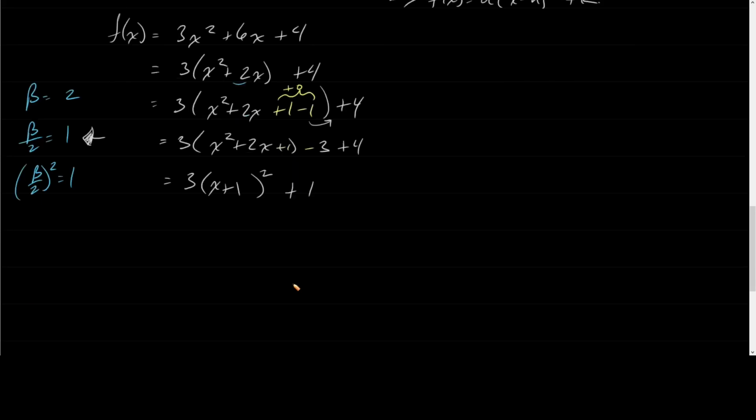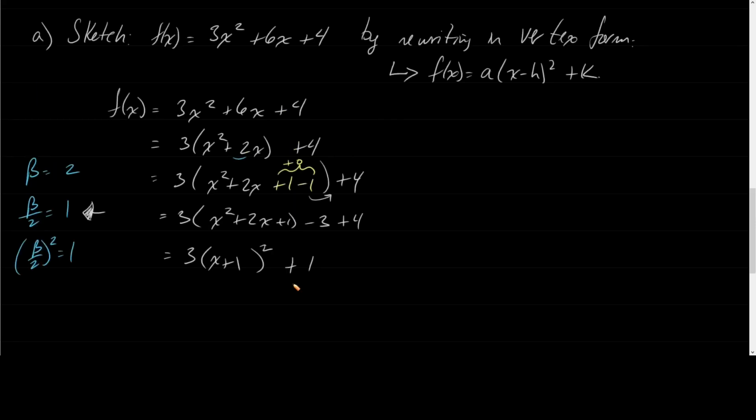All right, and since I need to sketch, I also need to find some intercepts, right? Well, some other things about here. First, actually, before the intercepts, from here we can say that our axis of symmetry is x equals h, right? In this case, our axis of symmetry is x equal to negative 1, because I need minus h, so this is minus negative 1.